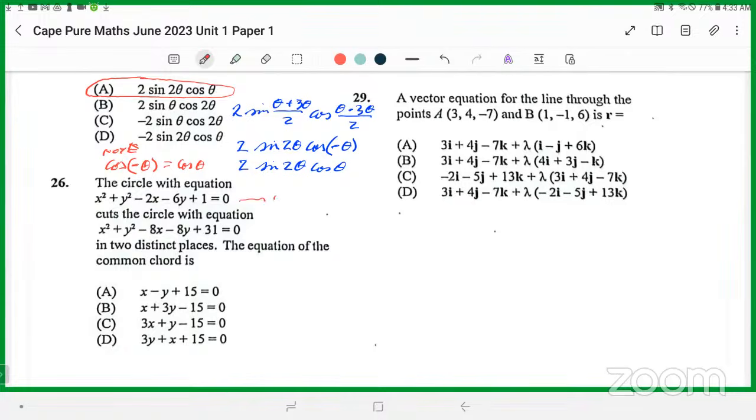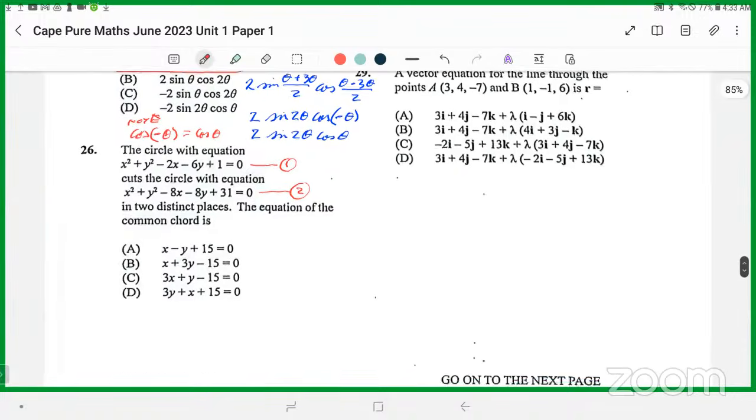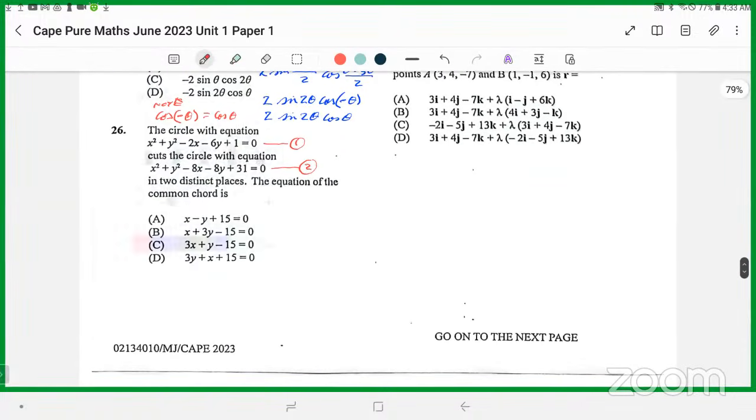So call this equation 1, for example. Call this equation 2. I'm going to subtract them to get the final result. Let's do it down here. So I want to do equation 1 minus equation 2. It doesn't really matter.